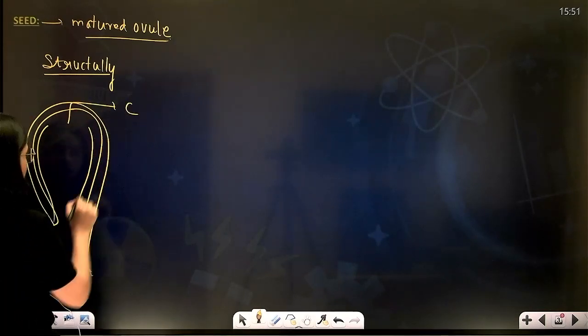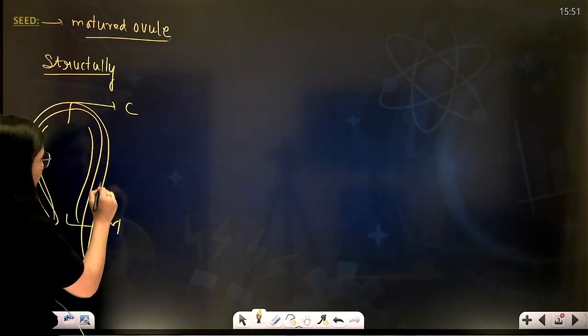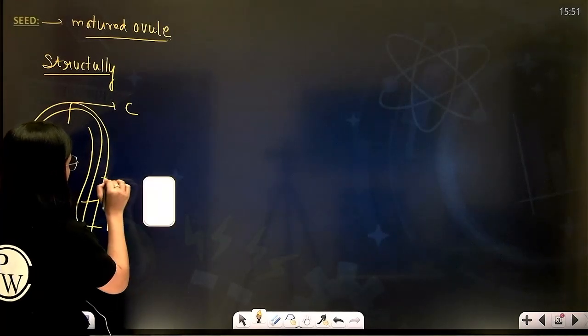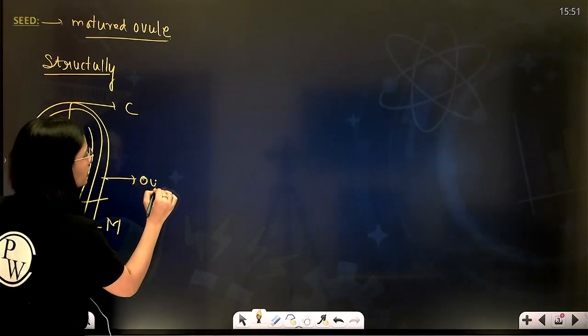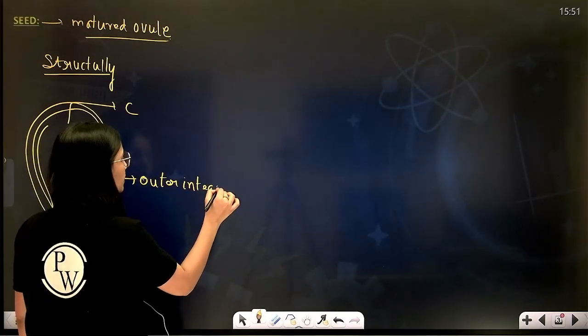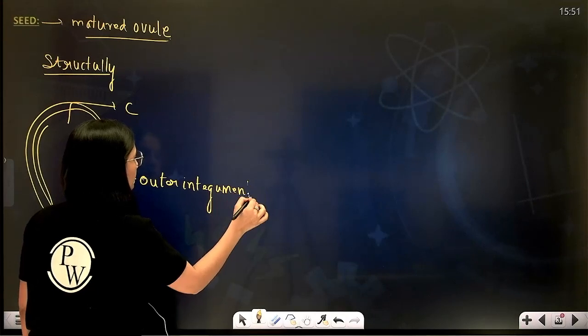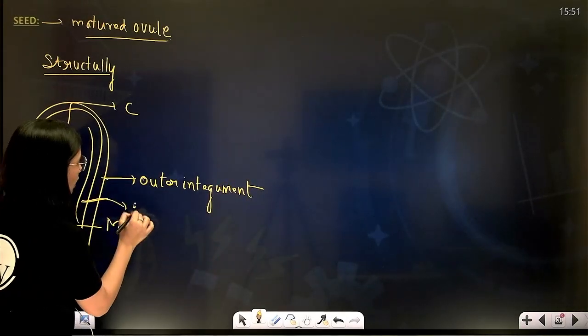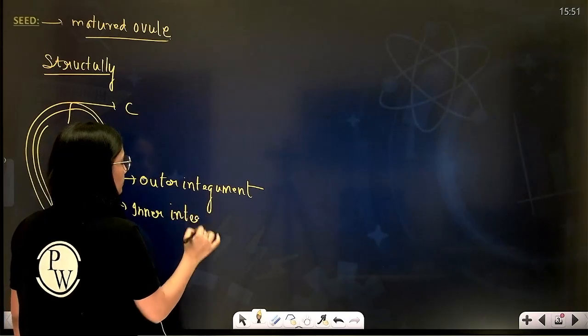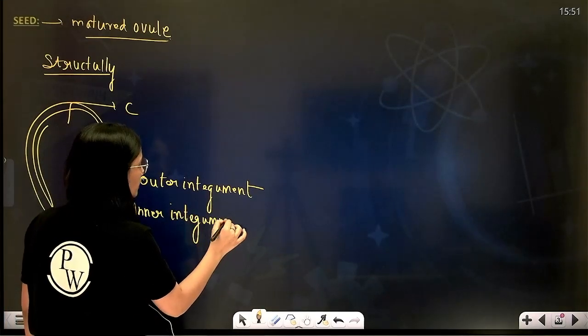These are the chalaza, the micropylar opening. These are the two integuments, the outer and inner integument. This is the outer integument. There's a purpose why I'm drawing everything. And then this is your inner integument. Correct?